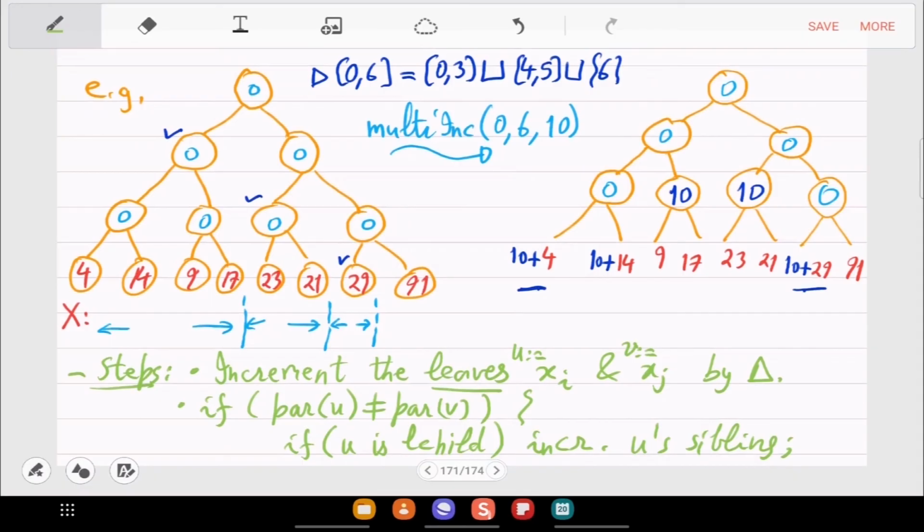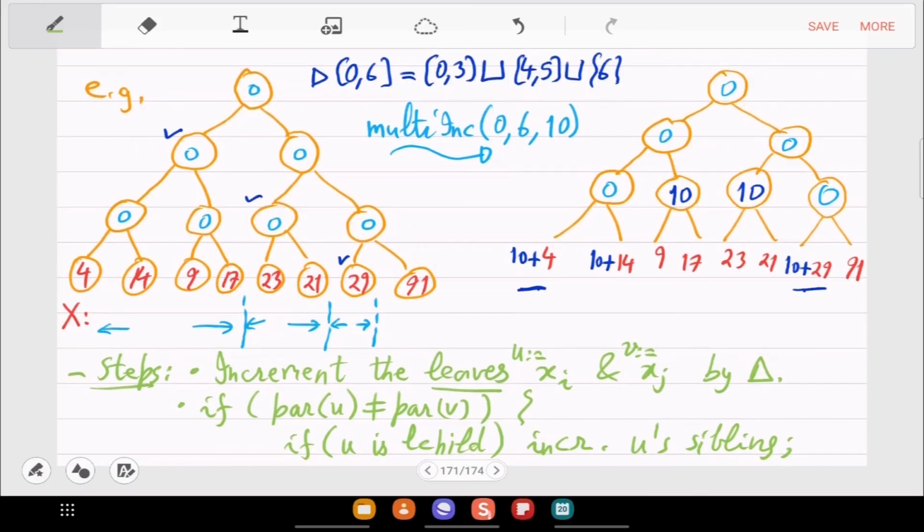3 checks are there. The parents of U and V are different, U is a left child, and V is a right child. These 3 checks you cannot remove. So I have given you the shortest pseudocode, and the execution is as follows on the example. The 4 and 29 you immediately increment.